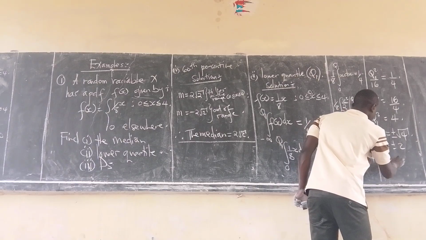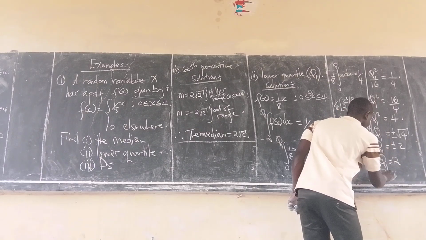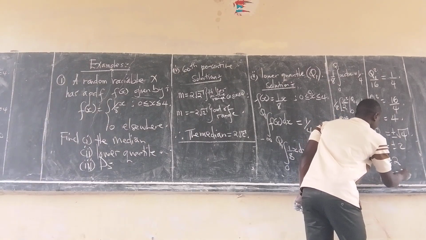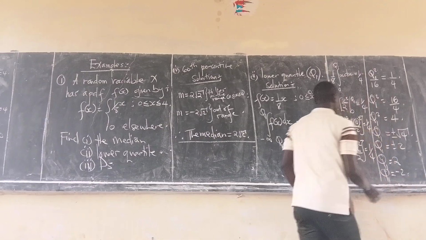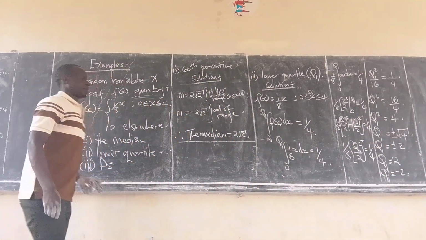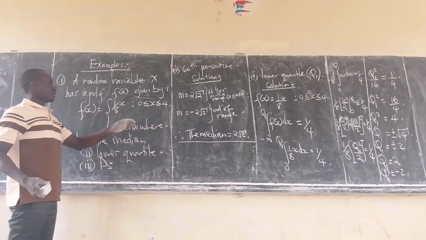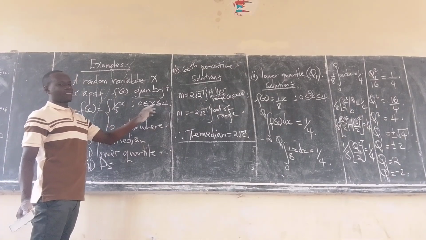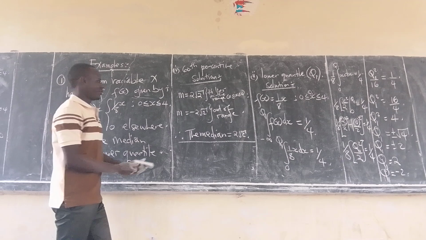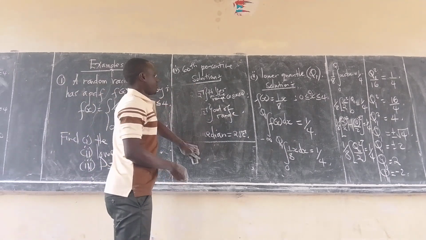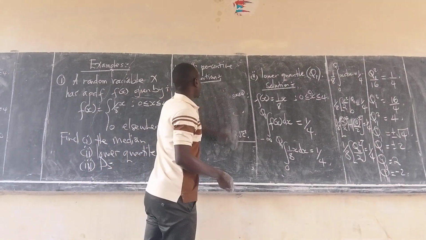So Q1 can be a positive 2, or Q1 can be a negative 2. But now, the value of Q1 should be that value that lies in the interval from 0 up to 4. So we are quoting both values of Q1.